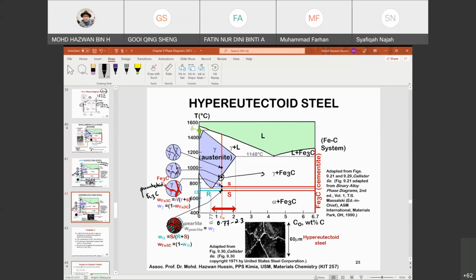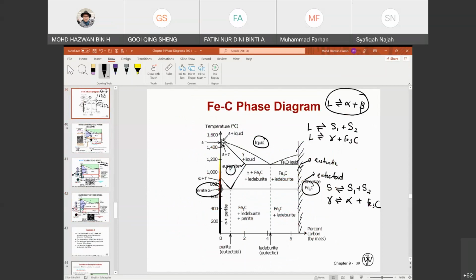So before we go to the examples, I think I forgot to tell you one important thing. For the eutectic reaction, we know that this is the eutectic composition, right? So for FeC, this eutectic region is known to be the lamellar region, or lamellar phase.